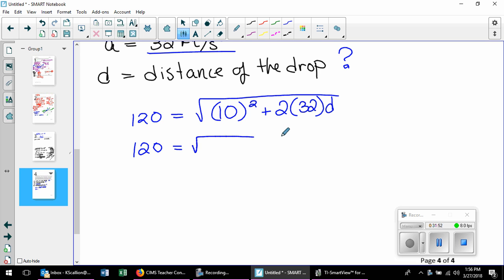Before I square both sides, I'm just going to clean up some junk under the root sign. Just makes me feel better about life. So what am I doing? What? You mean square both sides? Is that what you meant? I gotcha. 120 squared.